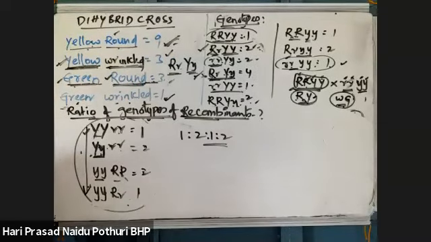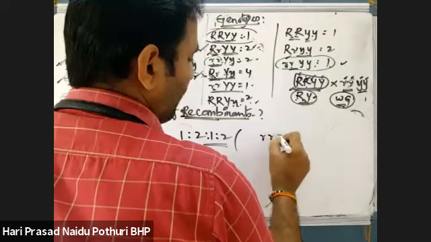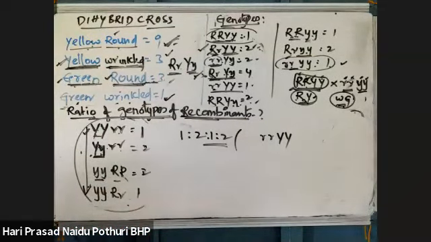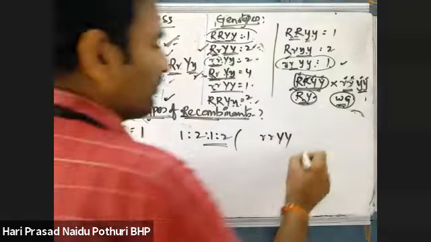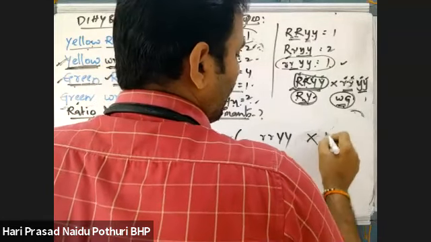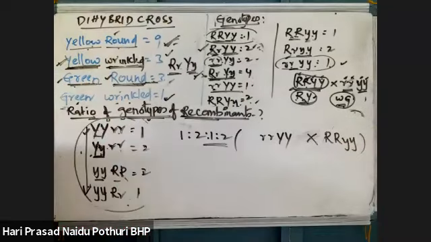Next, Mendel also crossed wrinkled yellow with round green and found the same results.